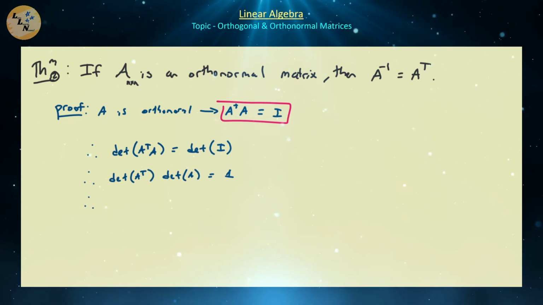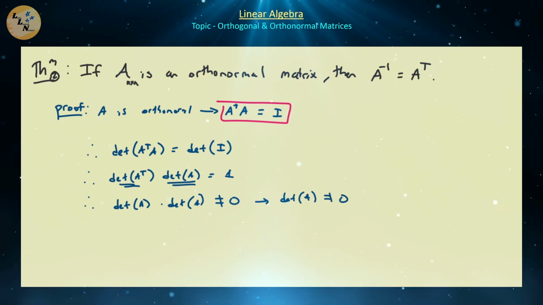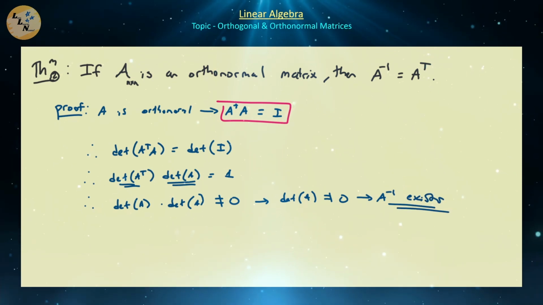Notice that the determinant of A is a number. The determinant of A transpose also is equal to the determinant of A. So what we have here is the determinant of A times the determinant of A is not equal to 0. So if the product of two determinants is not equal to 0, that means the determinant of A is not equal to 0, which means that the inverse of A exists.